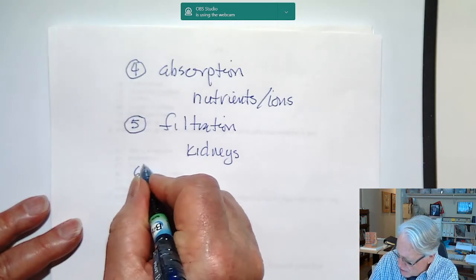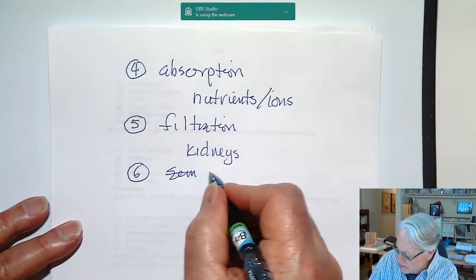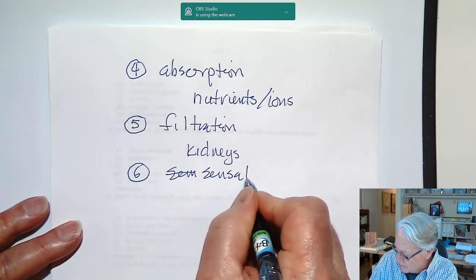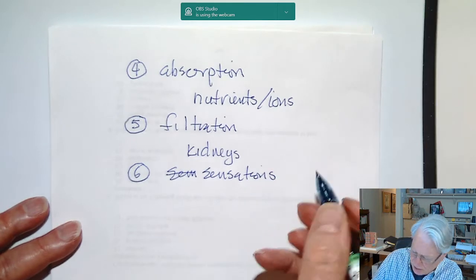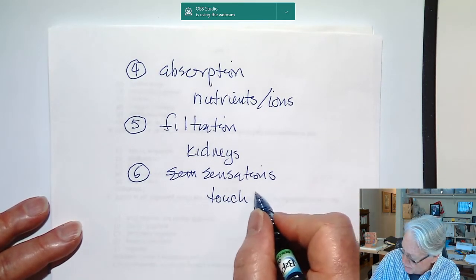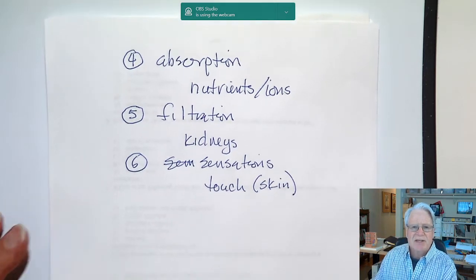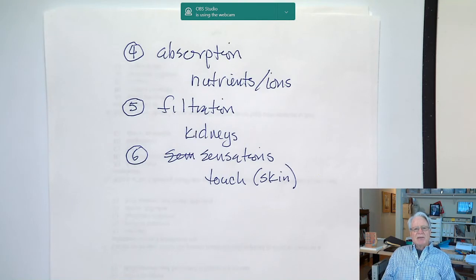And the last function we will list, and in fact the last function that we need to list, is sensations. So we can turn to our skin again. This is, of course, part of the function of the skin, that sense of touch that's coming out of epithelial tissue.